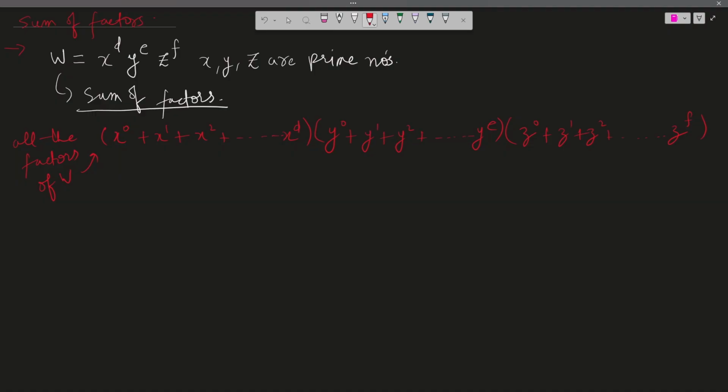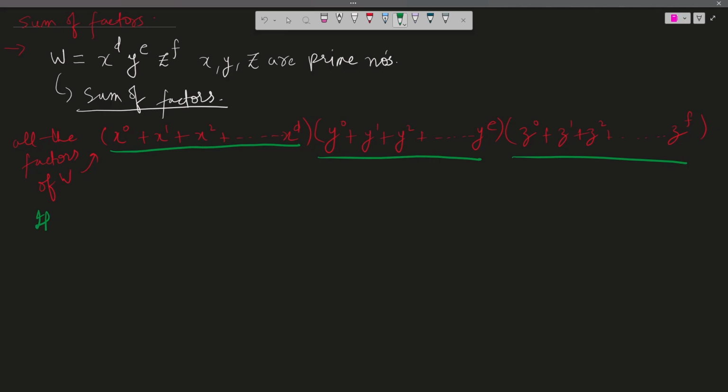Now we have to calculate the sum of the factors. I can say that this is a GP which is forming, this is also a GP, and this is also a GP. So these three GPs are being multiplied with each other, hence we can easily calculate the sum.